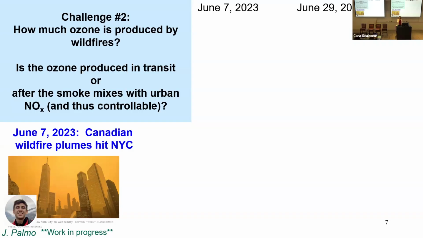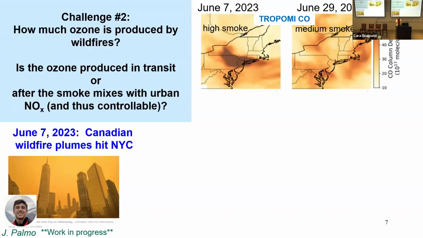So the events that we're going to contrast here happened in 2023, before Tempo was actually retrieving data, when these Canadian wildfire plumes hit not only New York City, but a lot of East Coast cities and were captured in the news a lot. And what's exciting about having TROPOMI is that not only do we have NO2 and formaldehyde, but we also have carbon monoxide, and that's a nice tracer of smoke as well.